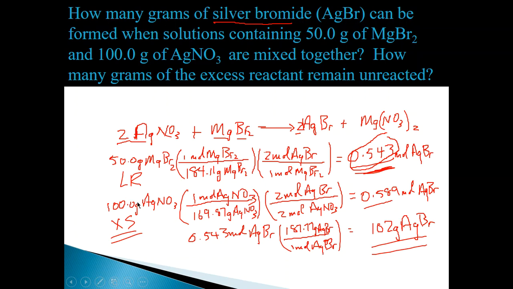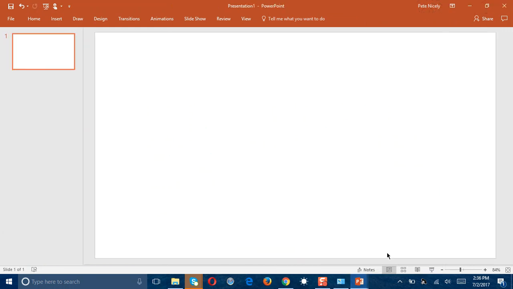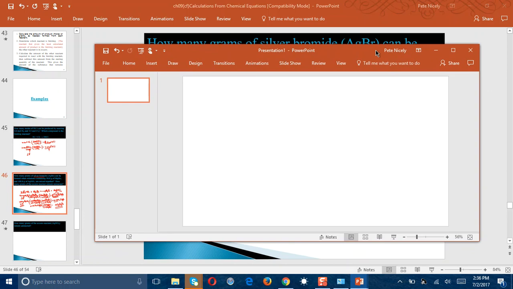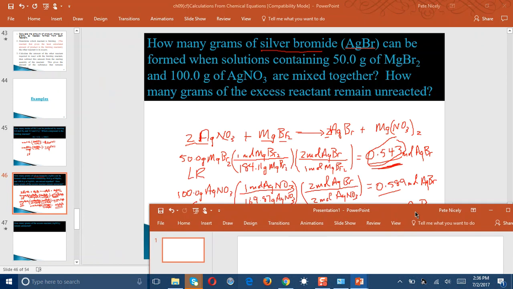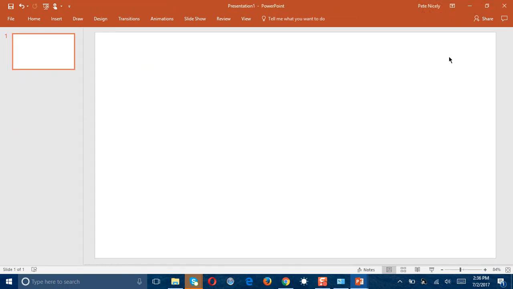So I'm going to start off with the amount of limiting reactant, which is the 50 grams of magnesium bromide.